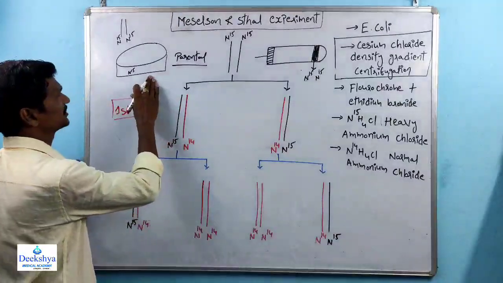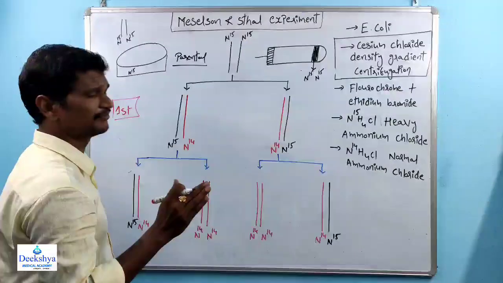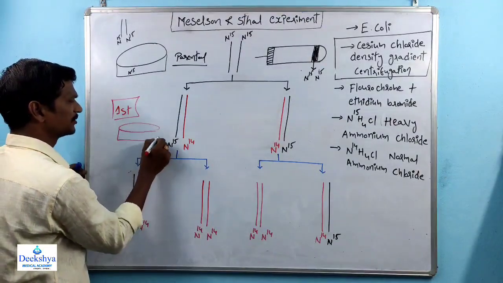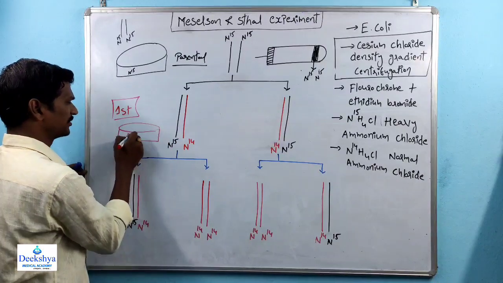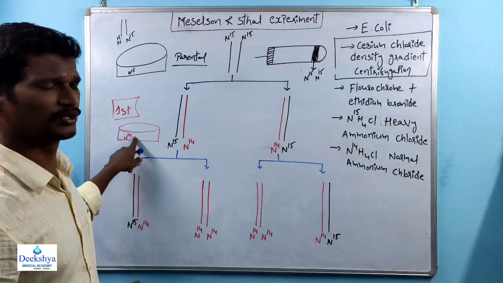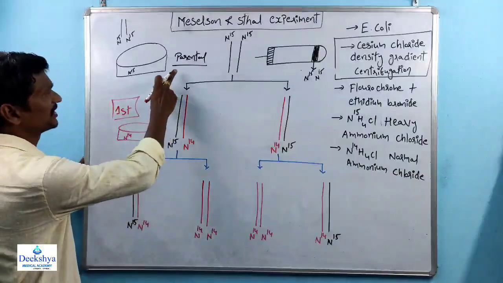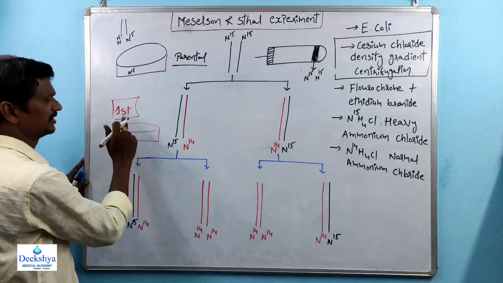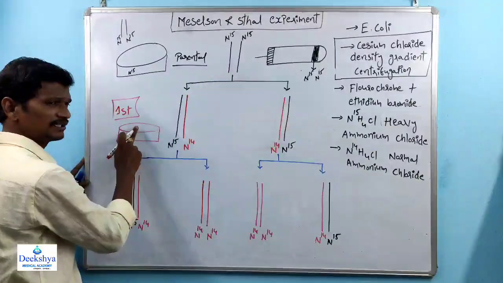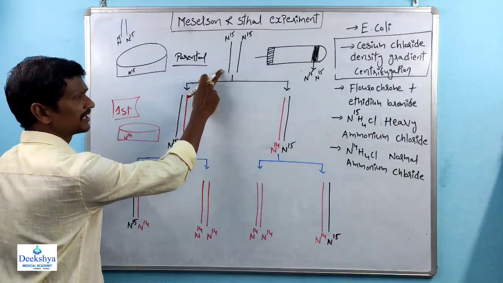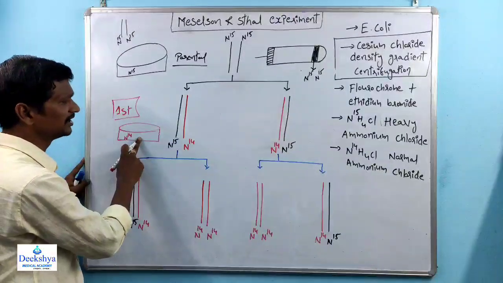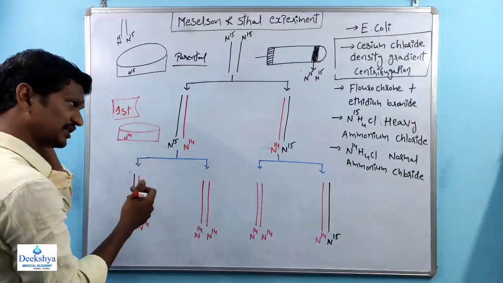In the parental generation the nutrient media contains N15, and the next generation nutrient media contains N14. So this is the parental generation and this is the first generation. If the parental generation cells are cultured in N14 media, then how does the DNA synthesis take place?